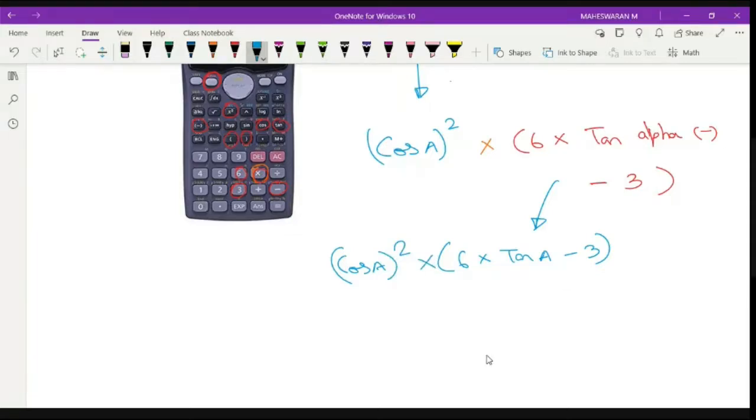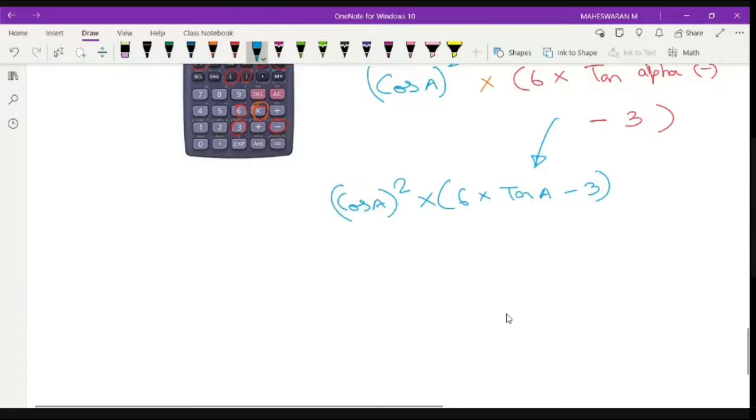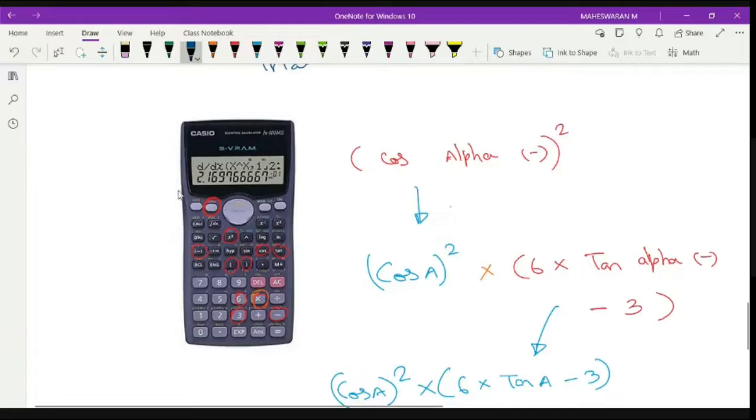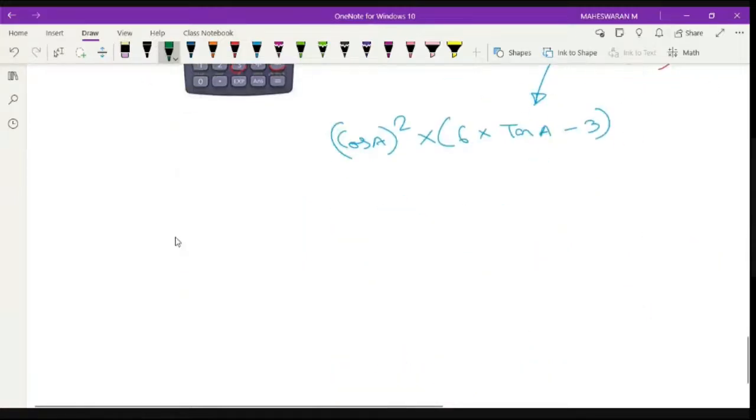Now I'm going to identify the value of a, right? So press the calc button. It will ask you what your a value is.